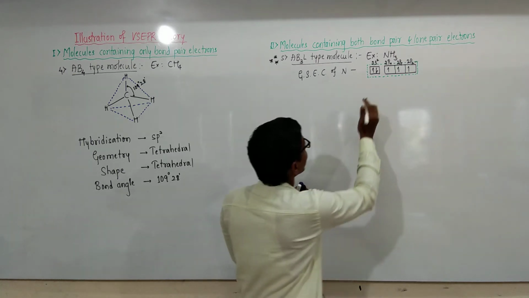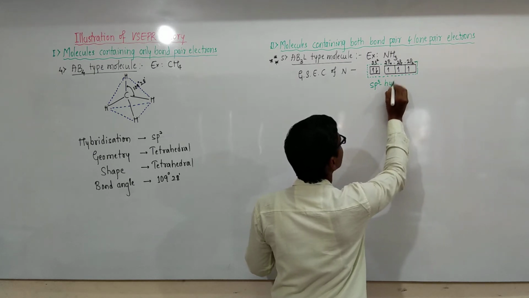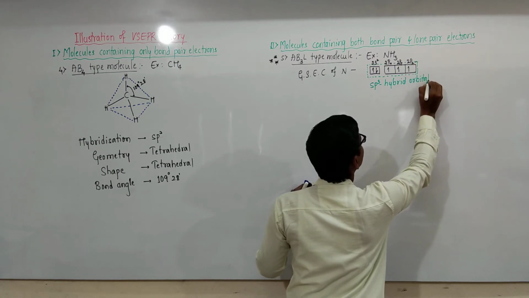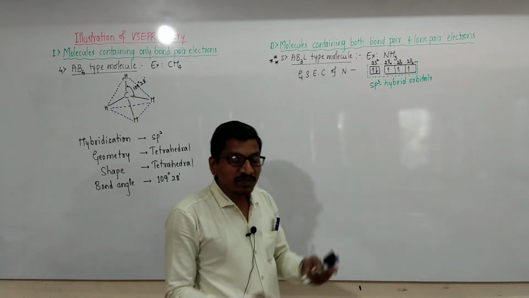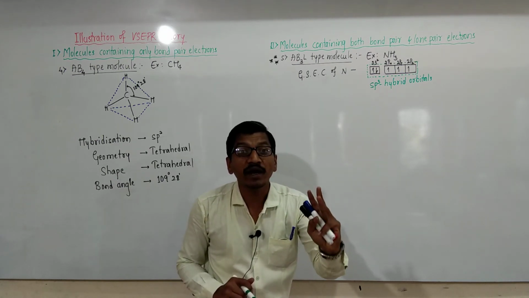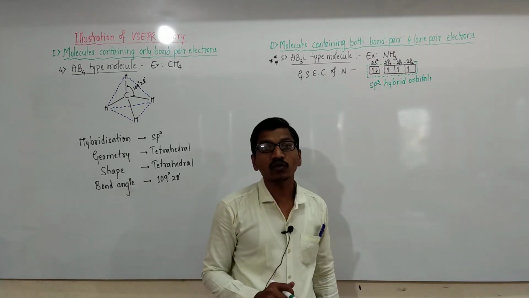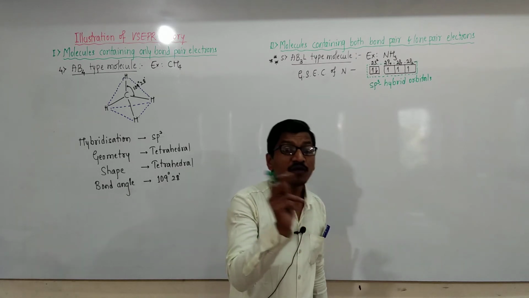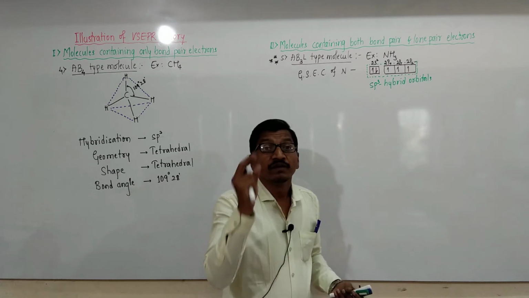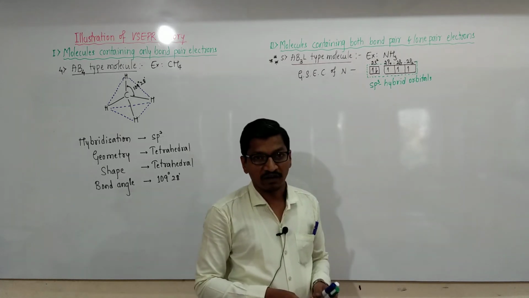In their ground state, nitrogen forms sp3 hybrid orbitals. These sp3 hybrid orbitals of nitrogen contain 1 lone pair and 3 unpaired hybrid orbitals, and these 3 unpaired hybrid orbitals directly overlap with unpaired 1s atomic orbital of 3 hydrogen atoms to form 3 N-H sigma bonds and 1 lone pair on the nitrogen atom.